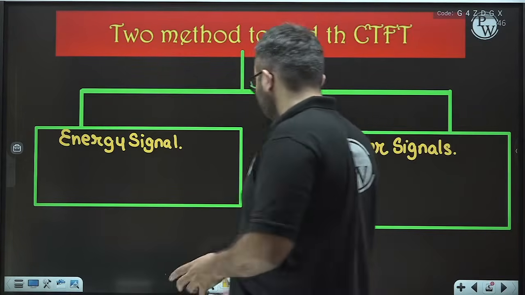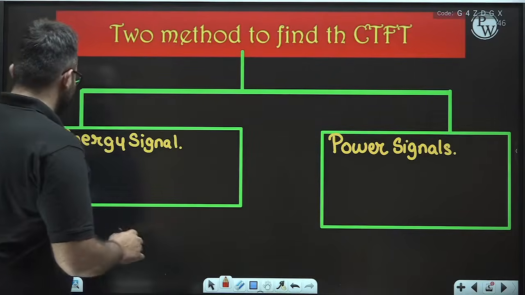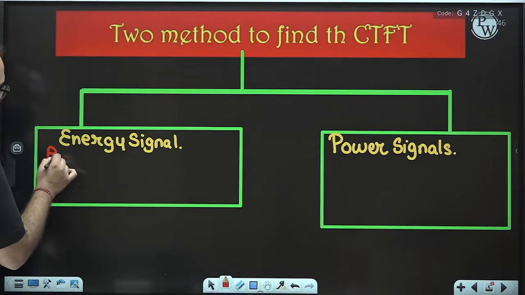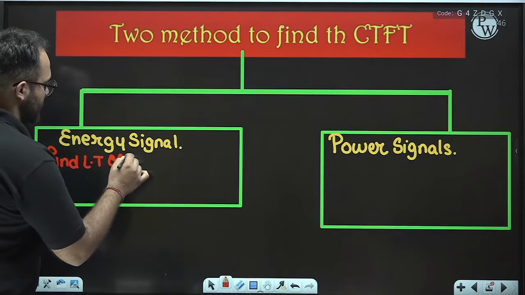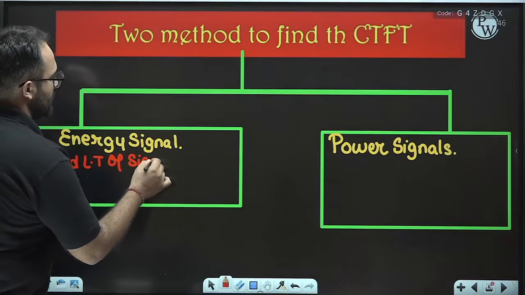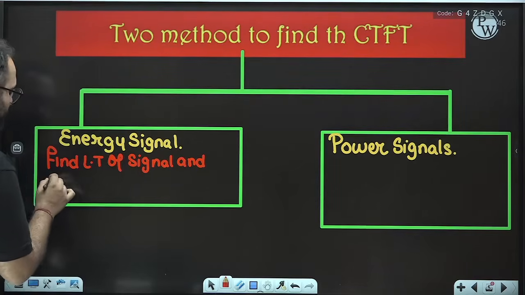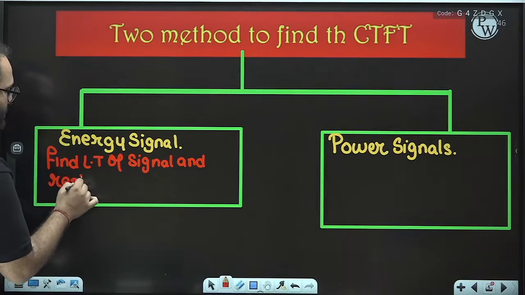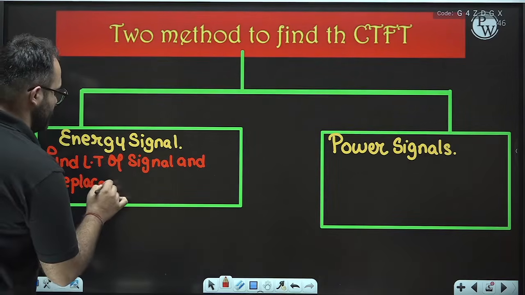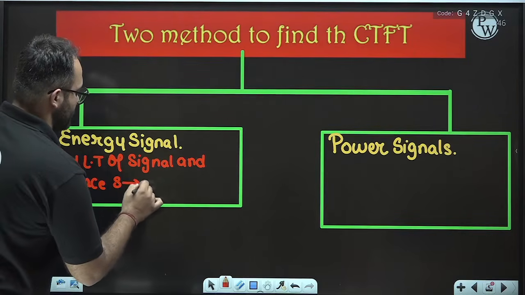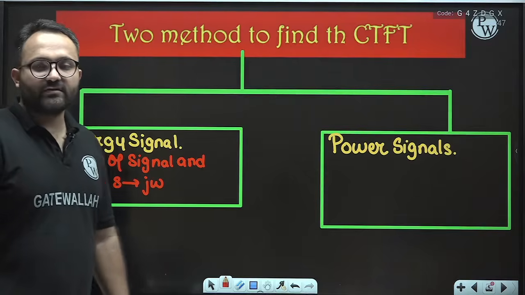So the method is, we simply find the Laplace transform of the signal and replace s by j omega. This is the method for the energy signals.